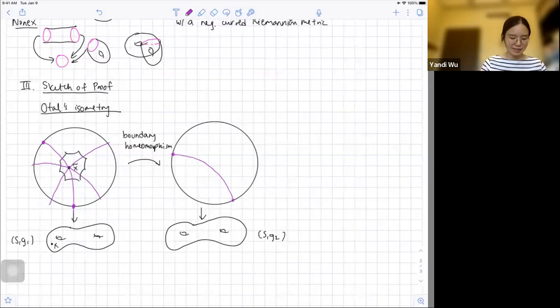And then the hard part of Otal's proof, the part that requires a lot of work, is that he shows that the set of geodesics that intersect at a single point in S tilde G1 tilde also has to intersect at a single point in the other copy of the universal cover.